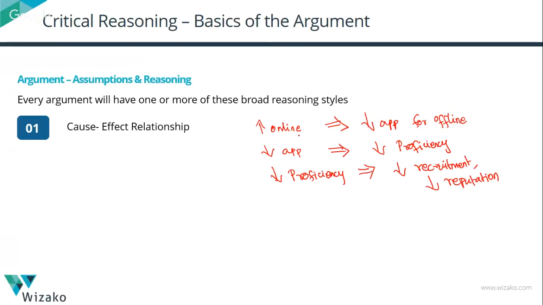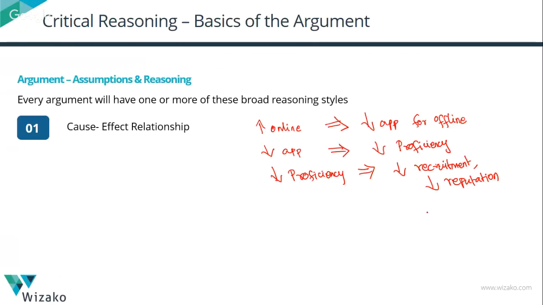So using the fact that there is an increase in online applications, the author arrives at the conclusion that the reputation of the university is coming down, using this series of cause-effect relationships. In this particular argument, there is more than one cause-effect relationship. That need not always be the case. An argument need not have a series like this one. It could just be one cause-effect relationship that is serving as the basis for the conclusion.